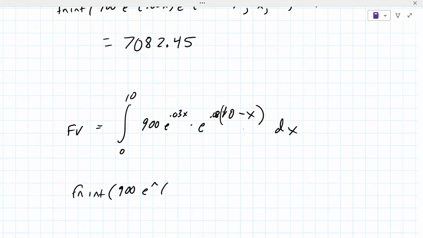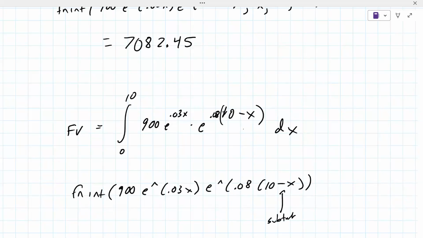900 e^(0.03x) e^(0.08(10 minus x)). Make sure this is a subtraction, not a negative sign. That might have been the issue in the previous one.